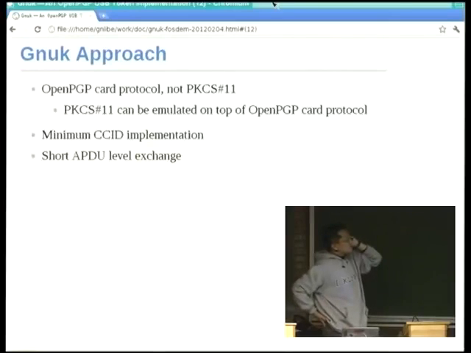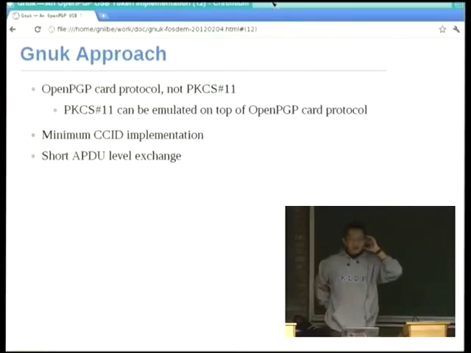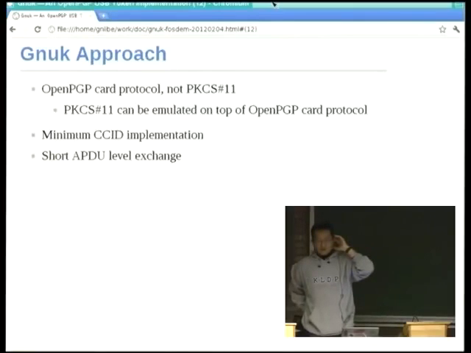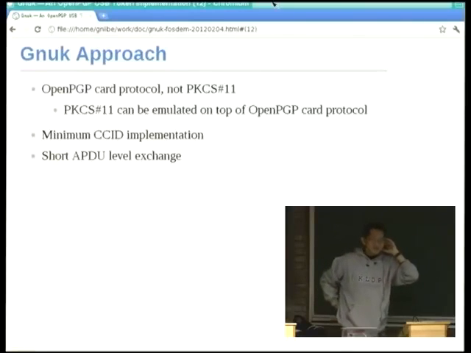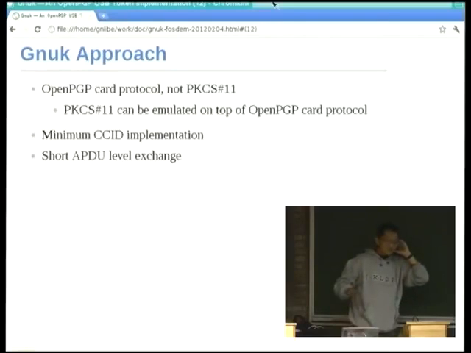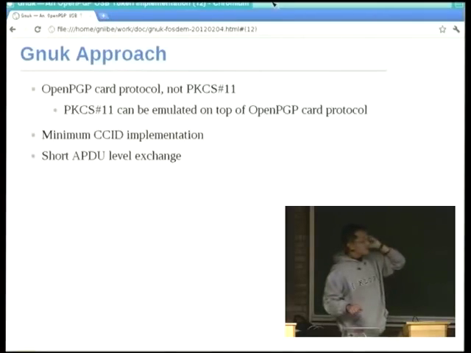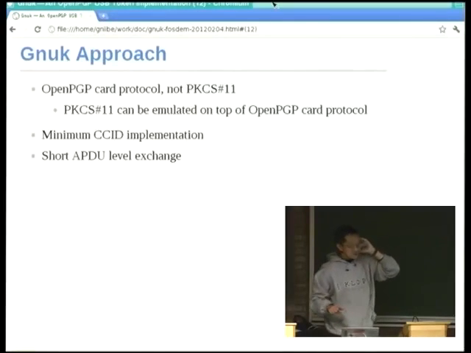Recently I changed to support only short APDU level exchange. Until version 0.16, I implemented both short and extended APDU level exchange, but to be conservative with existing software, I concluded that supporting only short APDU level exchange would be better.